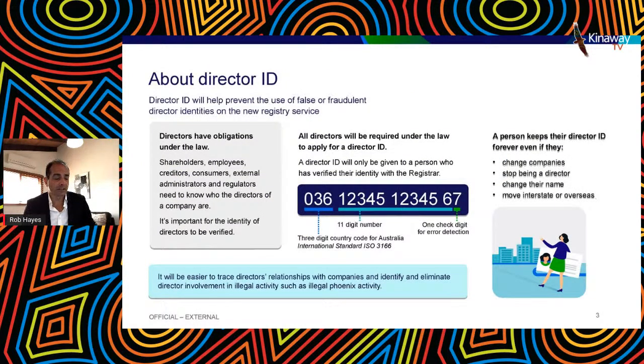So about Director ID. The Director Identification Number is being introduced to help prevent the use or misuse of false and fraudulent director identities. Today, there are very few validation or authentication points for those being appointed as company directors.